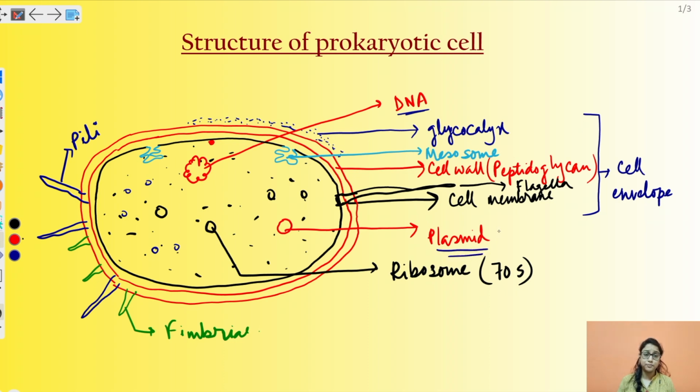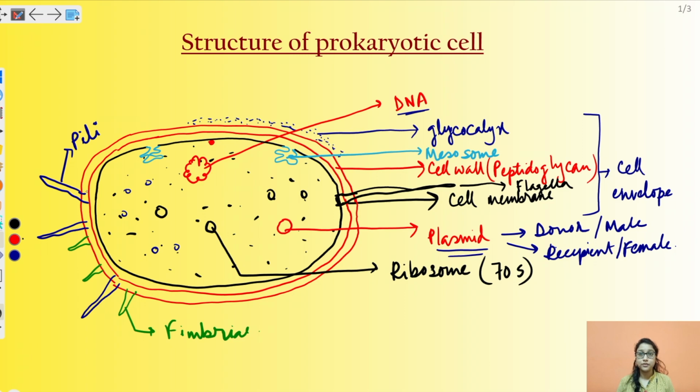On the basis of presence and absence of plasmids, bacteria can be of two types. If the plasmid is present, they are considered donor or male, and if the plasmid is not present, they are considered recipient or female.